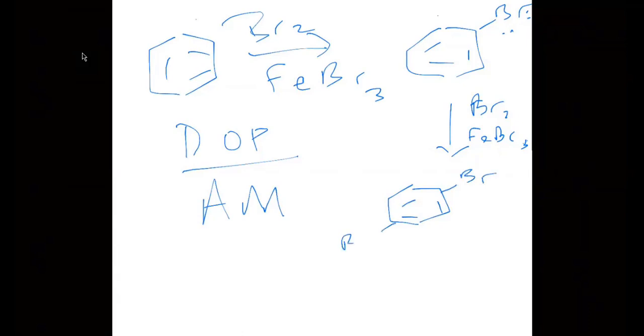So this is going to be one product. Is that right? And then this will be the other one. You're going to get an ortho product and a para product.